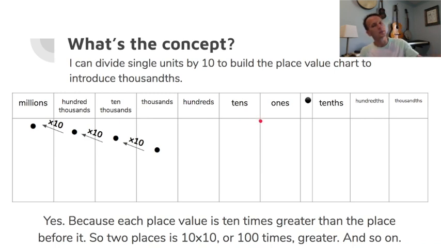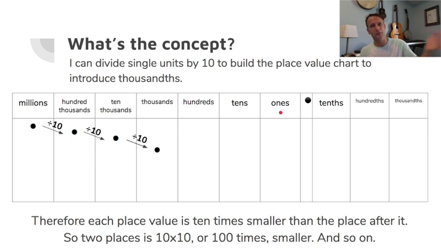But it's important to understand that the same thing works in reverse with division, right? Because that's when we were saying it's this many times smaller. So when you go from millions down to 1,000s, it's divided by 10, divided by 10, divided by 10, divided by 1,000. When you're going 3 places. If you're going 2 places, it's divided by 10, divided by 10, it's 100 times smaller. Getting it?